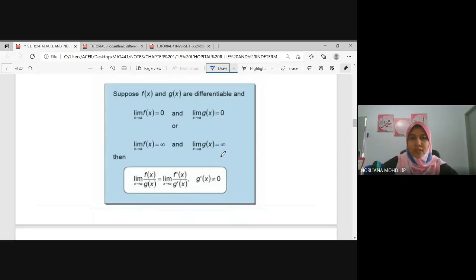Then the limit of f(x) over g(x) as x approaches a equals either 0 over 0 or infinity over infinity, so we have to apply the L'Hopital rules.